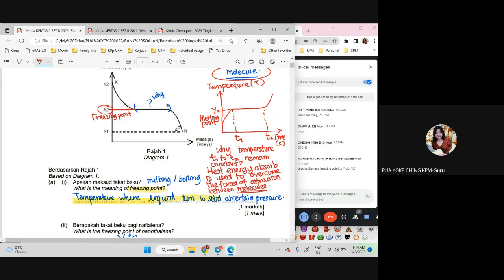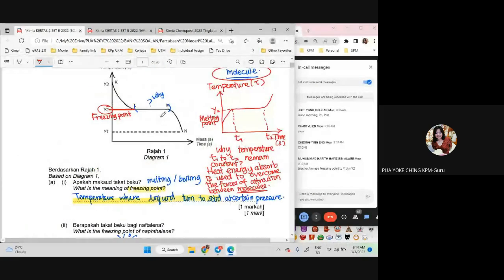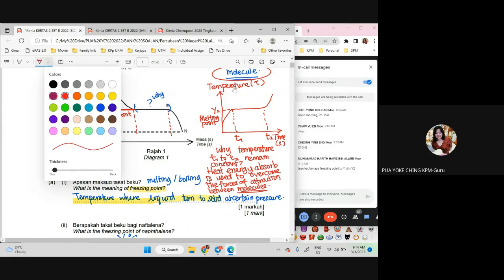Okay, so this is regarding the heating curve and cooling curve. They ask why the temperature remains constant. They ask you to label where your melting point is, where your freezing point is. At most they ask you to label. What is the state in between? So this is cooling.